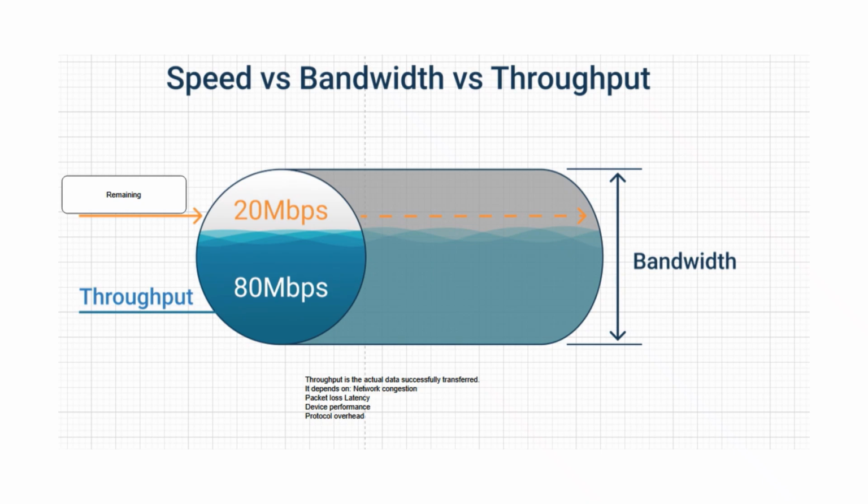In a modern network, if we buy a 100 mbps link, most of the time it is full duplex. Everyone is using full duplex now. Full duplex means at the same time we can transmit and receive 100 mbps of data.